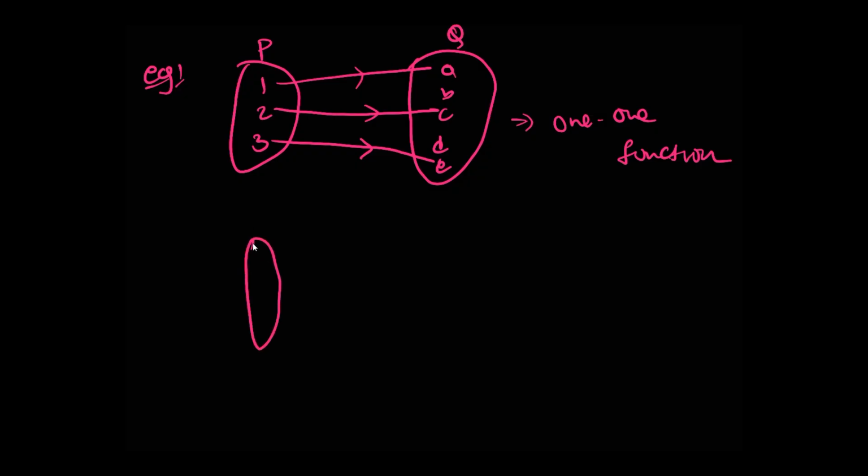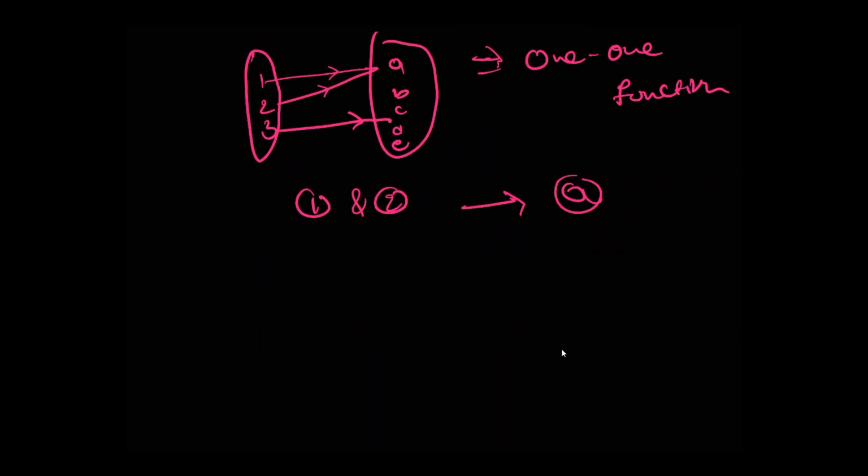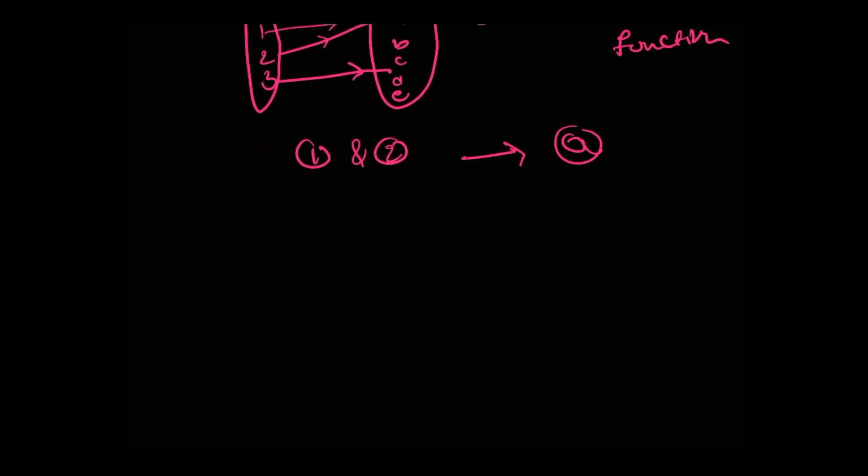Now similarly for this relation, same sets, a, b, c, d, e. Now this is not a one-one function, since elements 1 and 2 of P go into the same element a, so this is not a one-one function.